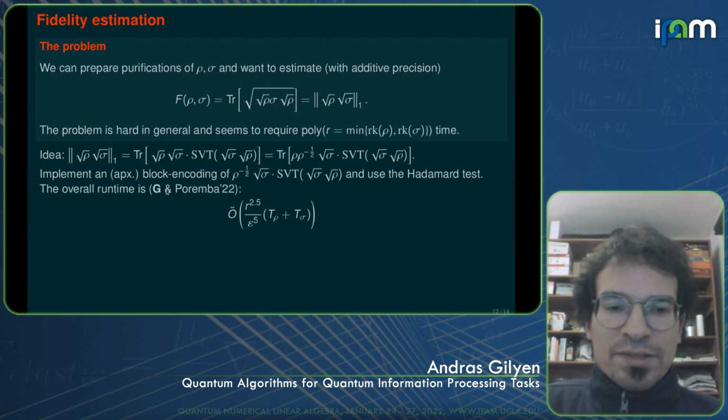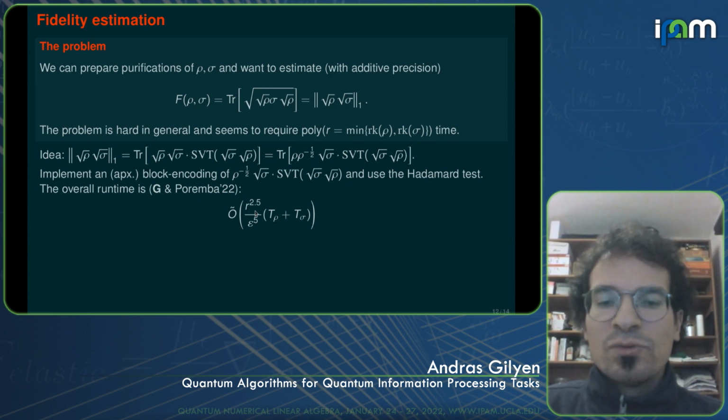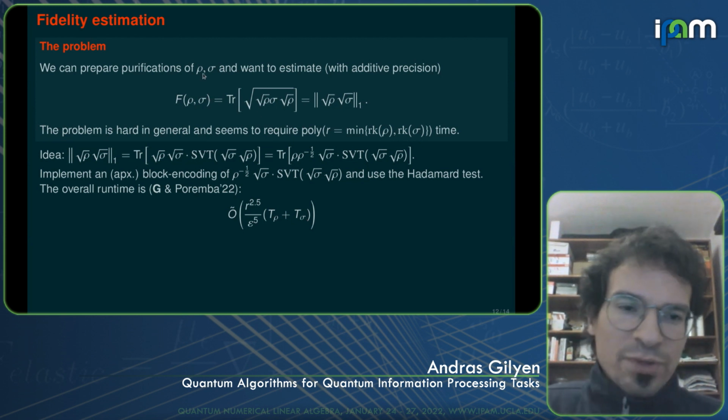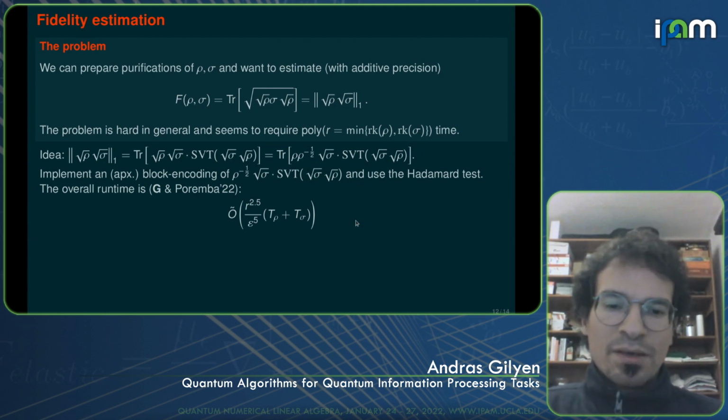And then with Alexander Poremba, we showed that the overall complexity of estimating the fidelity to epsilon precision is something like rank to the power 2.5 over epsilon to the 5, times this T rho and T sigma, which is just the time complexity of preparing the purifications rho and sigma.